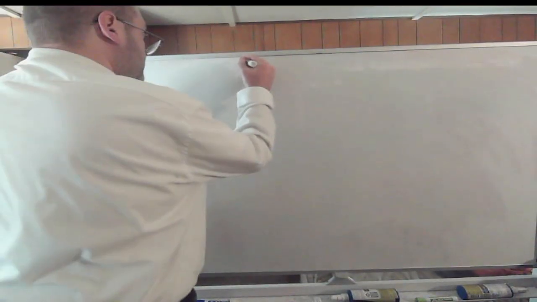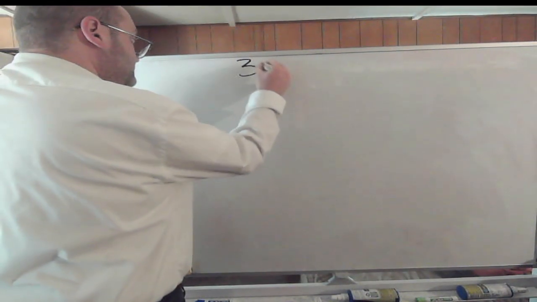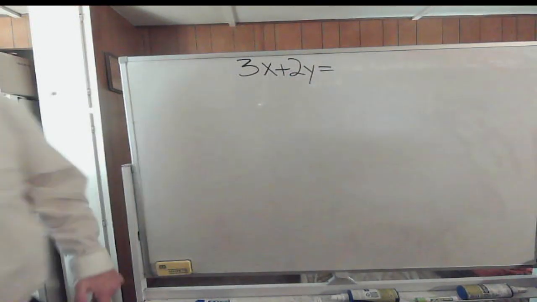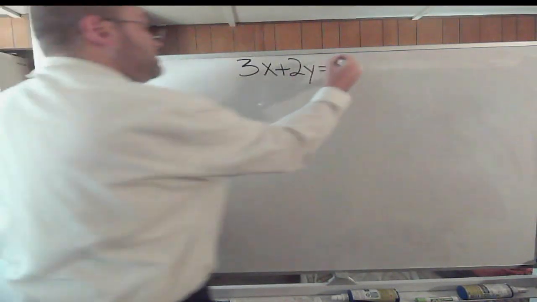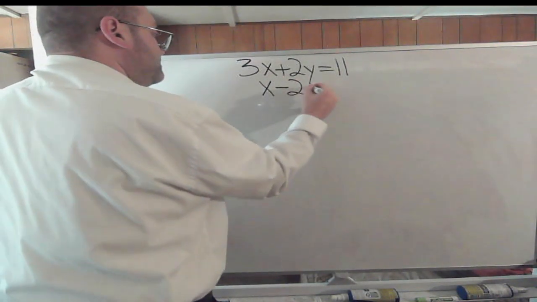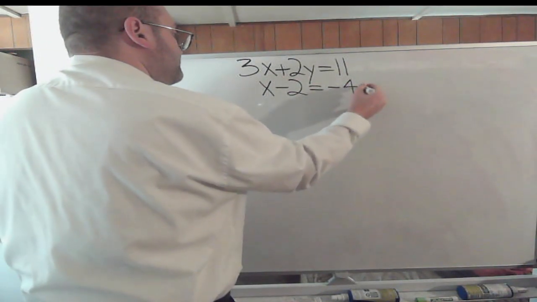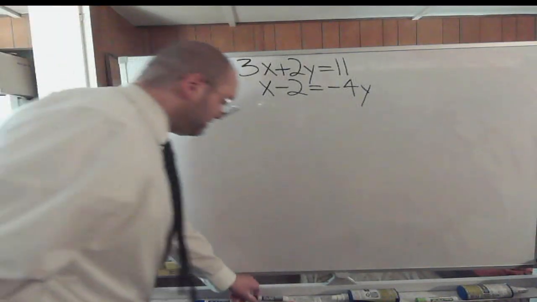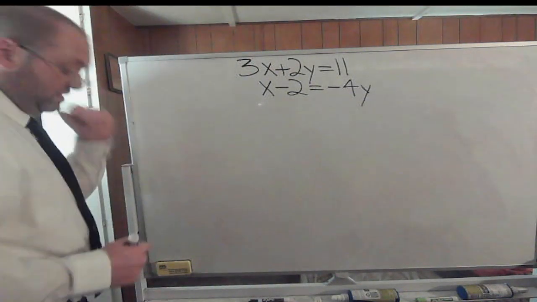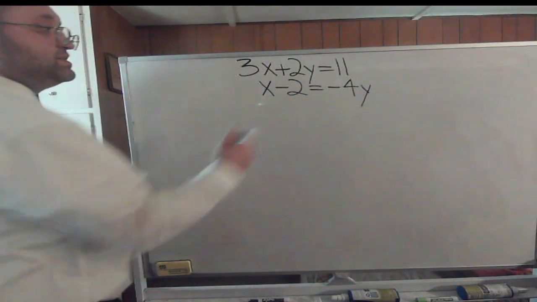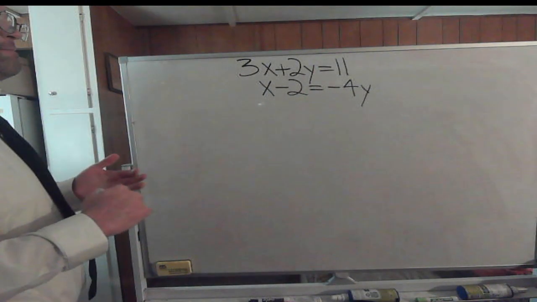Let's see, then we got, last problem, 3x plus 2y equals 11. Then we have x minus 2 equals -4y. So for this system of equations, we have 3x plus 2y equals 11, then x minus 2 equals -4y.